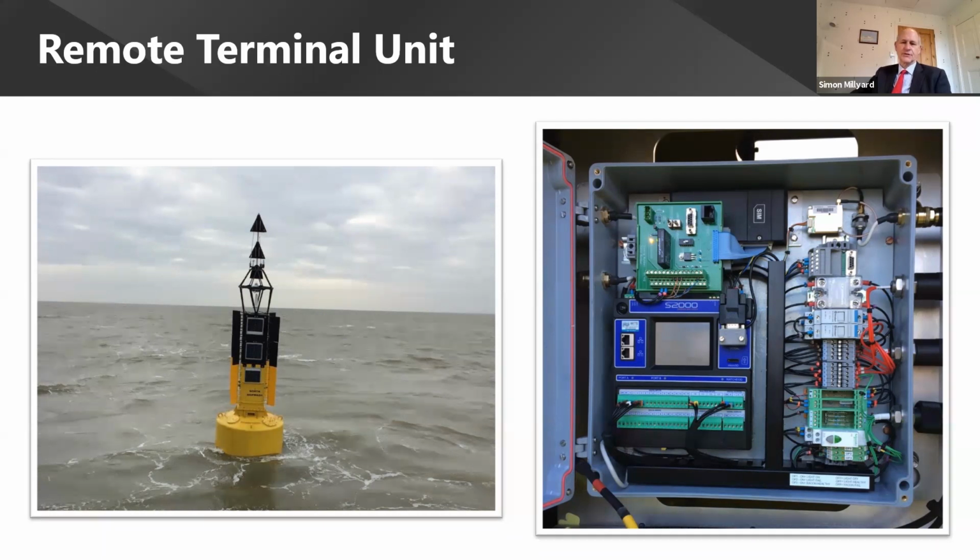And this unit was designed to search for a 3G signal using this SIM card here. If it found one, it would use it. If it couldn't find one after 3 attempts, it would flip over and go to satellite. So we had a complex system, but it saved a lot of money because we only paid for satellite comms when we had to. So that's an example of an RTU on an AtoN.